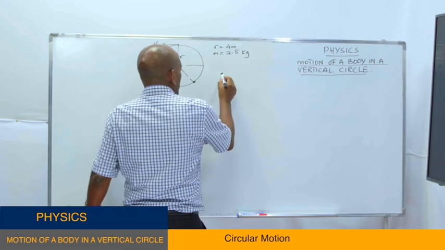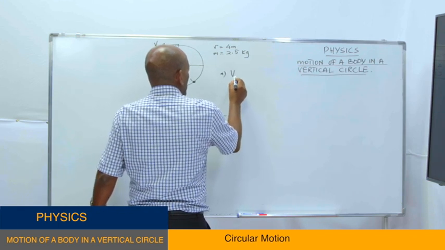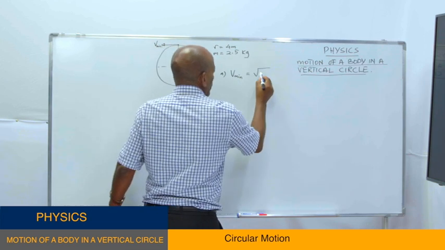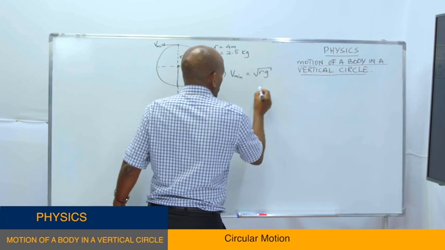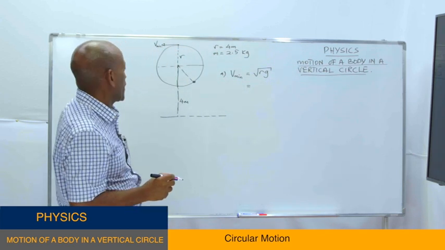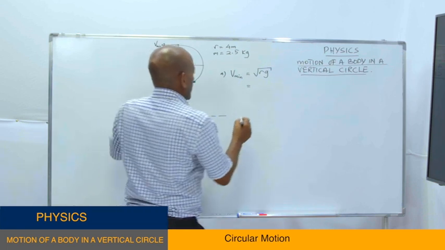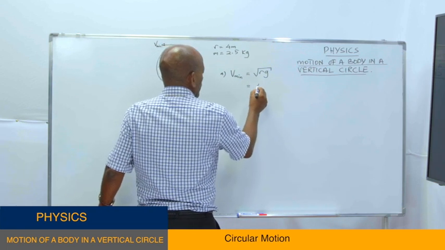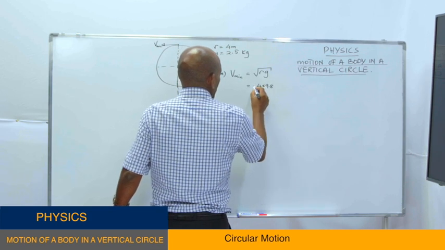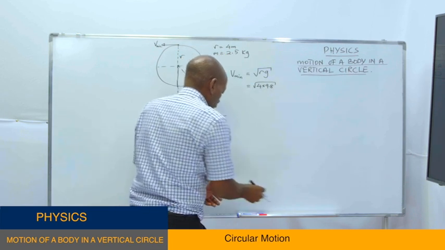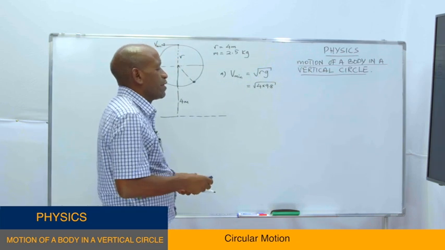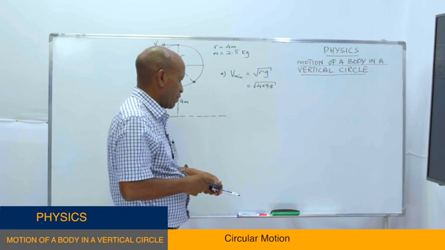This minimum velocity, obtained at the top, is just equal to the square root of r times g. So it's a matter of substituting that the radius r is equal to the length of the string, which is 4 meters, and g is 9.8. You calculate it using your simple calculator to obtain the minimum velocity.